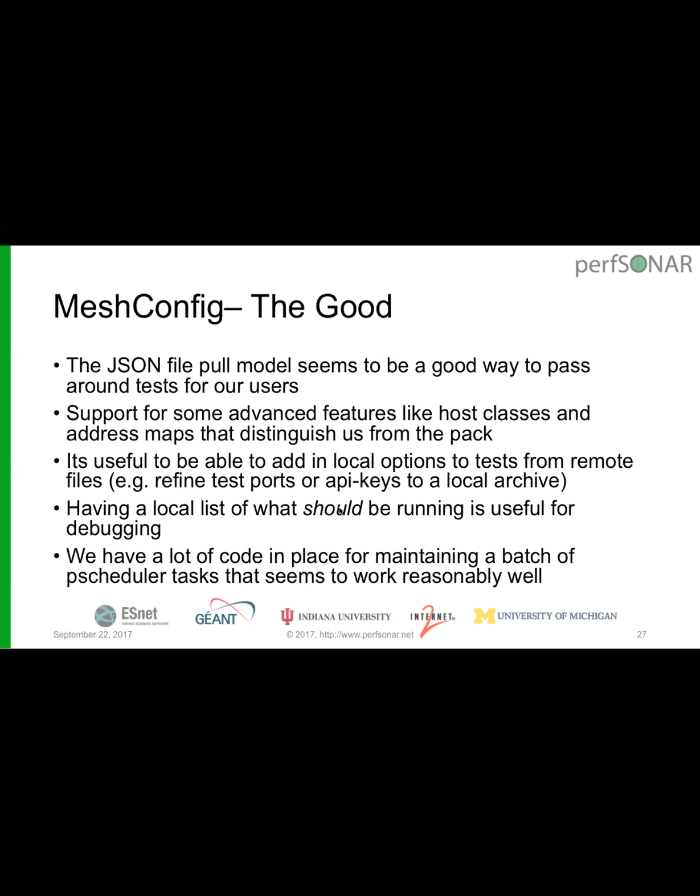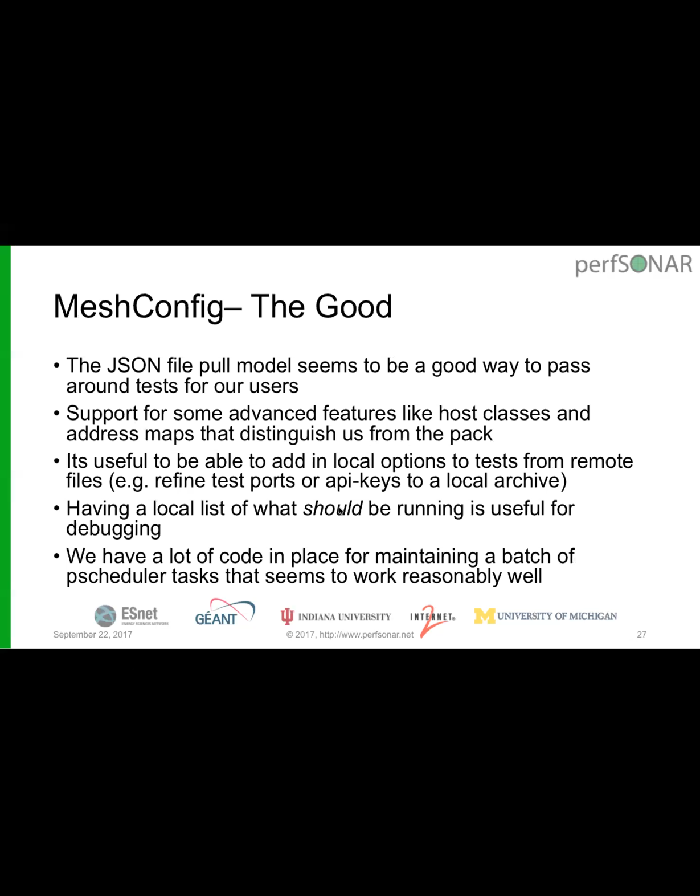Another thing we have is something called address maps already, which we don't want to lose. What these are useful for is a lot of times you'll have dashboards or tests. I actually just had to set one up today for one of our engineers at ESnet. They'll bring up like an OSCARS circuit or a layer 2 circuit or whatever, and the host talking on each end of that circuit will have one set of IPs.